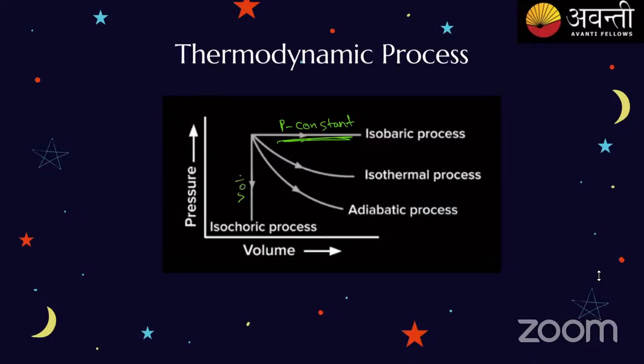Clear? Now, in an isothermal process, what is constant? Temperature is constant. In adiabatic, what is constant? Heat, Q. The graphs will look a certain way, and we'll see in detail how to draw them. This will be our introduction class for today.